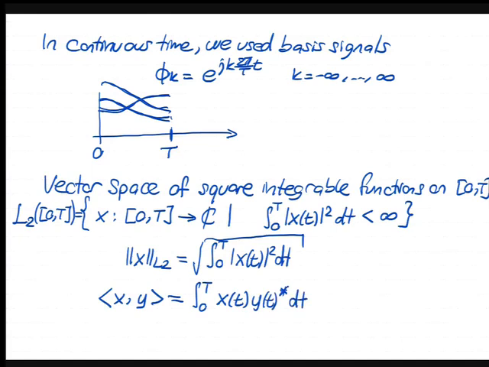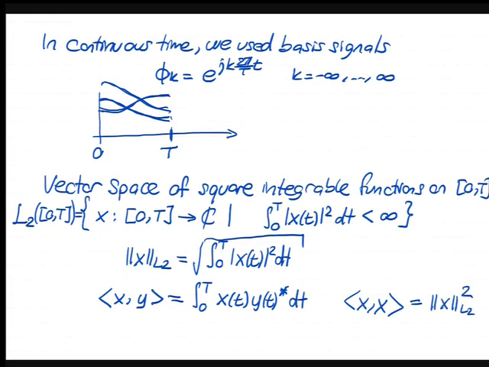Okay? And if you believe that definition of inner product, what do I get when I do the inner product of x with itself? x(t) times x(t) star. That is the same as the absolute value of x(t) squared. So I really get the norm squared, which is what I would want to get, right? The inner product definition should match the definition of the norm like that.